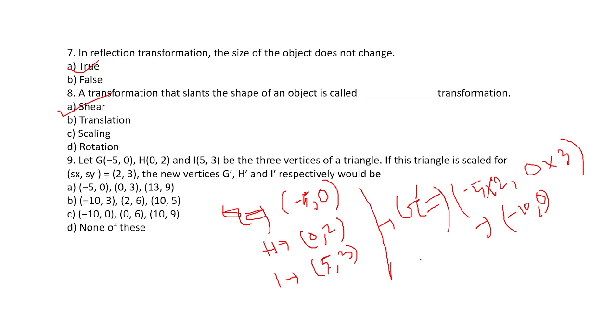Then H dash will be equivalent to 0 times 2 comma 2 times 3, we'll get 0 comma 6.